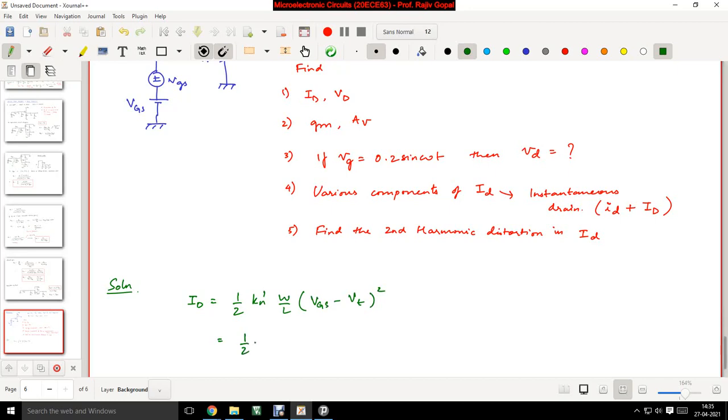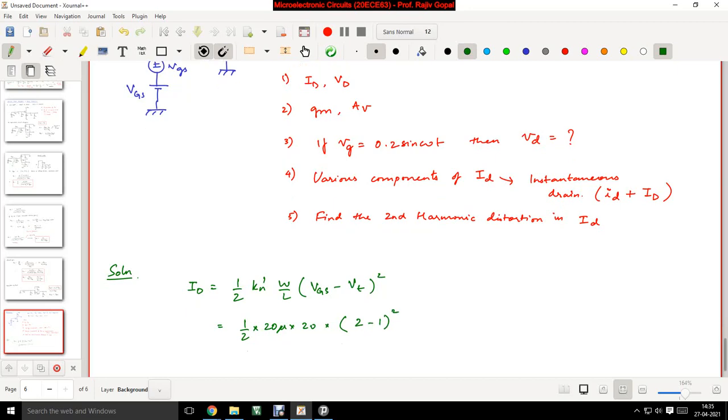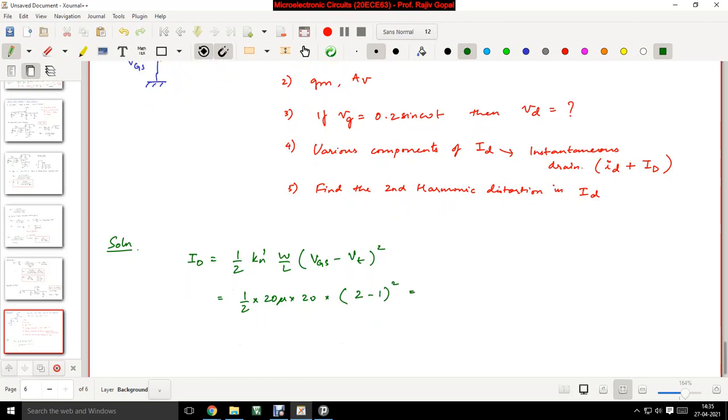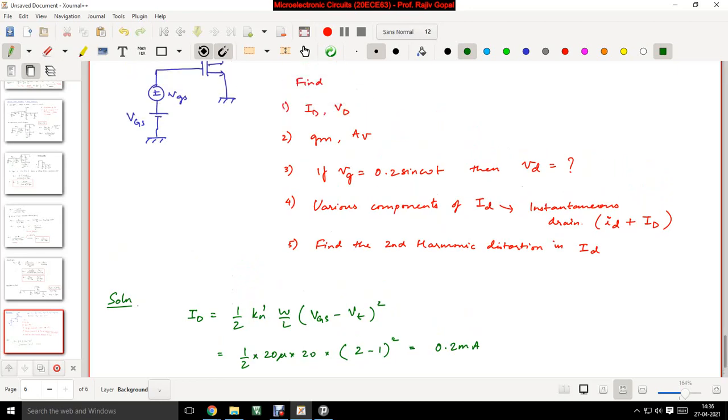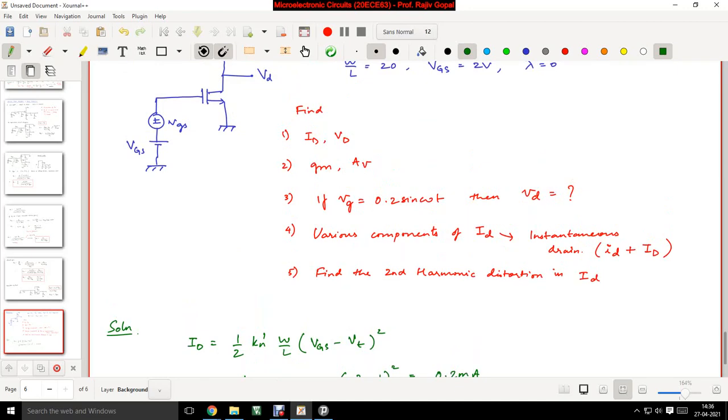So half into 20 micro into 20 into (2 volts minus 1) whole square, since VT is 1. This will turn out to be 0.2 milliamps. If you look at the diagram, ID is done.